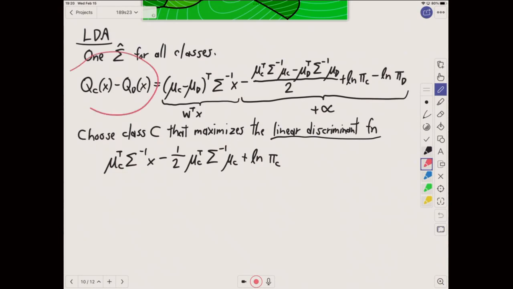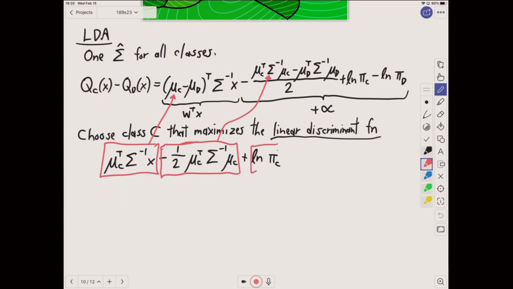Essentially what you're doing is computing the sign of QC minus QD, because you'll notice that this term comes from here, and this term comes from here, and this term comes from here. And then if you compute the same three terms for class D, they're going to be different because mu D is different and pi D might be different.